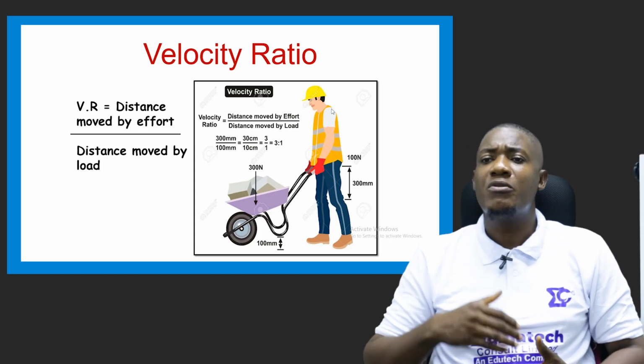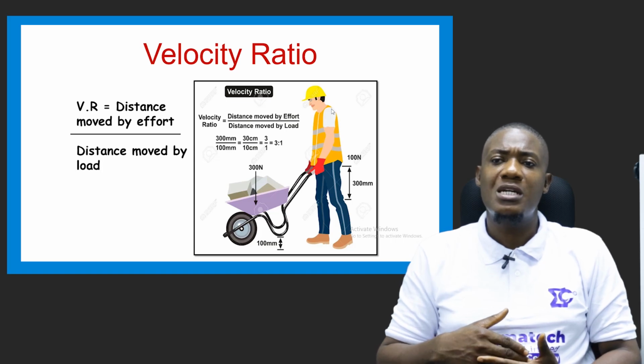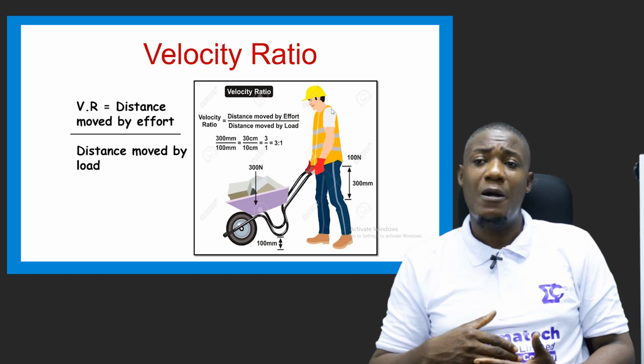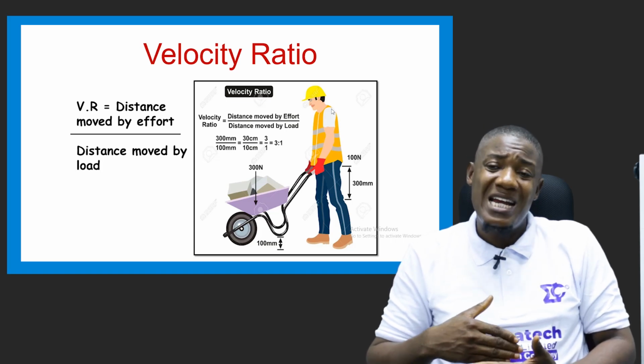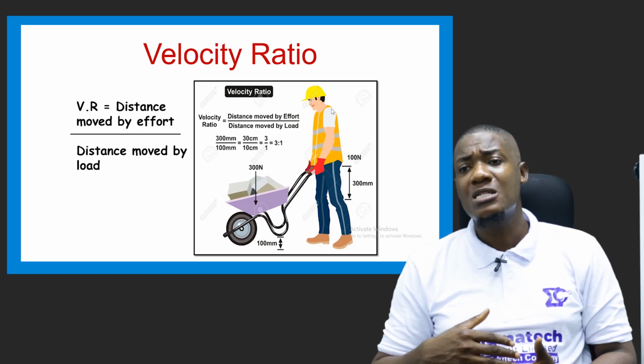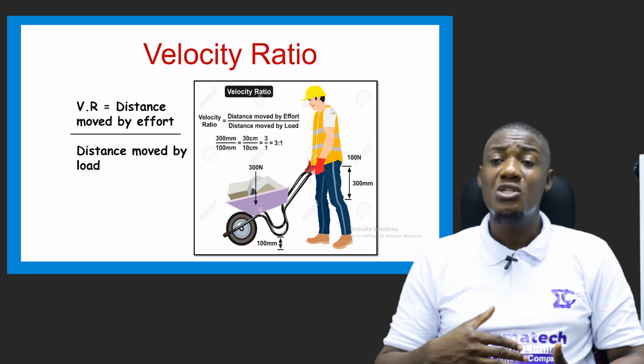Now, all we need to do here is to see that 300 millimeters, which is distance moved by the effort, divided by 100 millimeters, which is distance moved by load, will give us the velocity ratio of the machine.